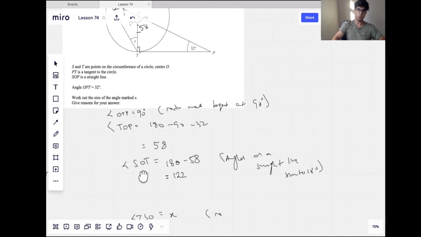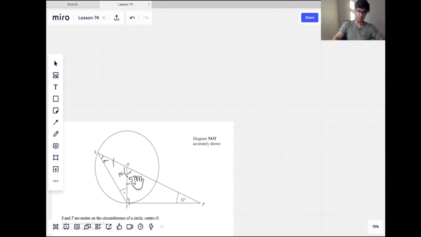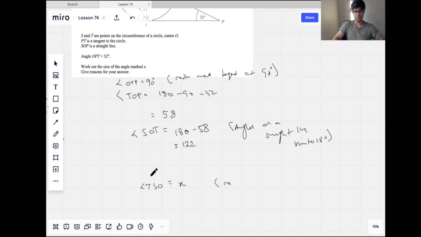In fact, we probably ought to say OT is equal to OS first, because radii are equal length.